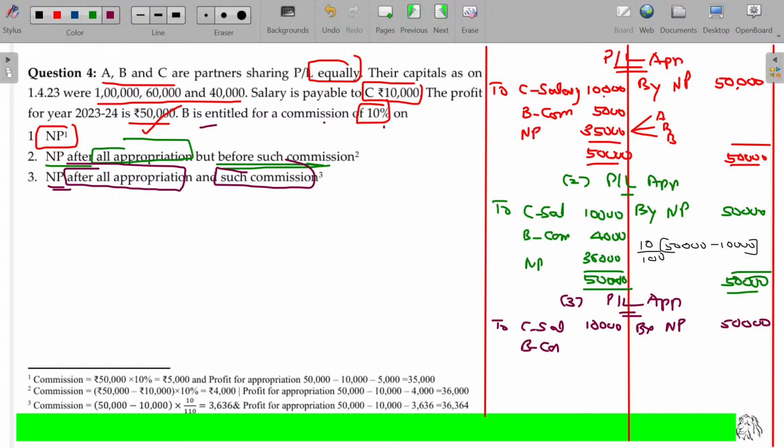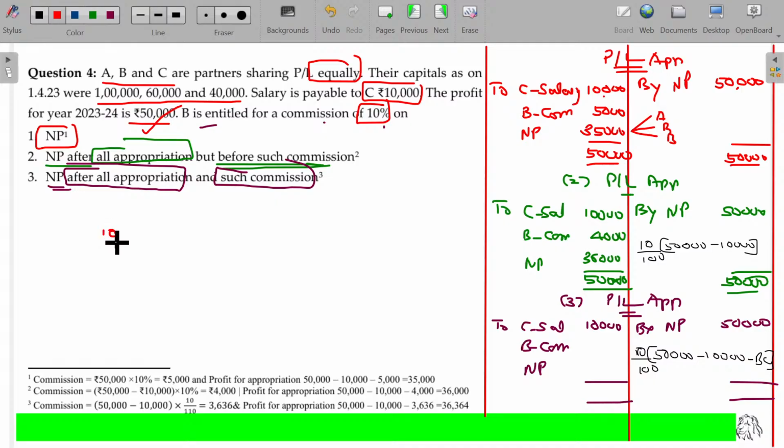So in this case, how can we calculate? You have to subtract from the 50, C salary and B's commission also, but I am not aware of the B's commission. On that, 10% will be calculated.